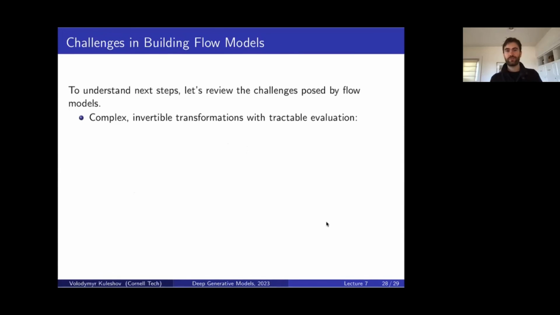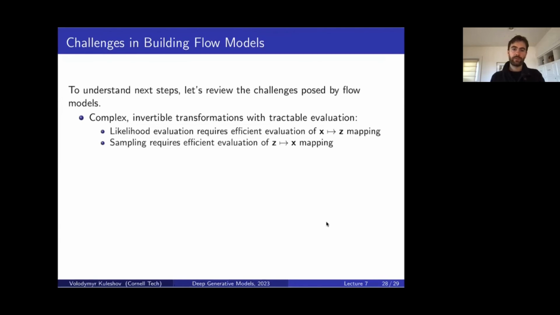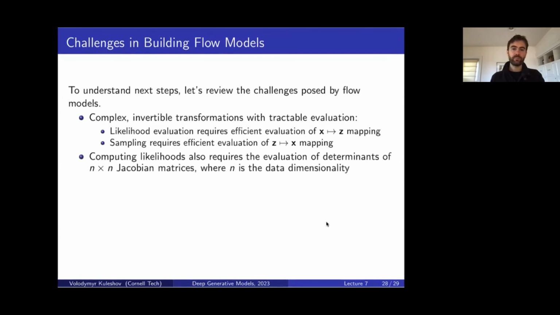Now, the challenges of building normalizing flow models, as I said, is that we have to define these complex transformations that are both expressive and invertible, and the determinant is tractable. And the main challenge is to compute determinants of n by n Jacobians.